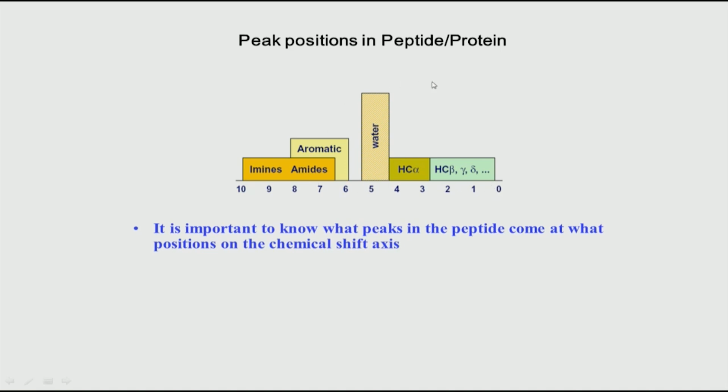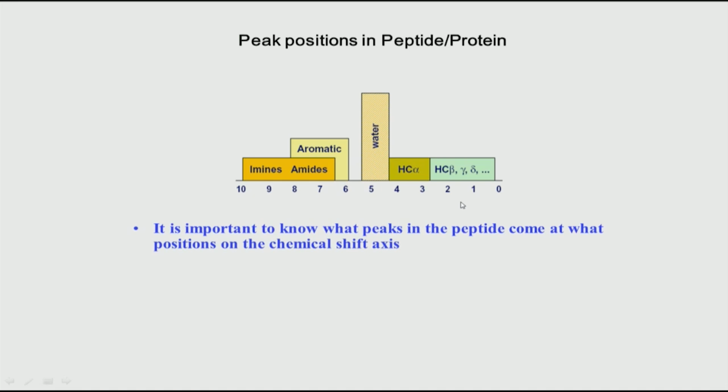One thing you should keep in mind is that this whole picture shown here is conserved, meaning it is the same for every peptide. Very rarely will you get unusual values. Of course, this is for naturally occurring amino acids.